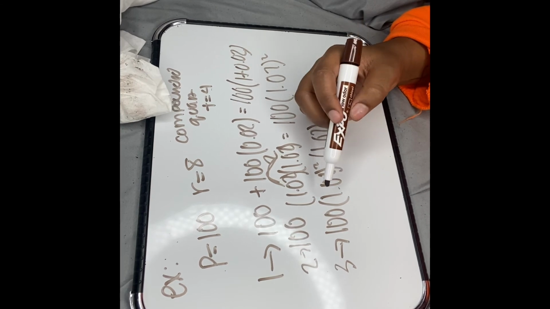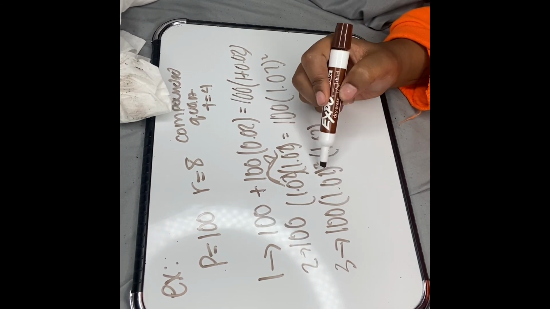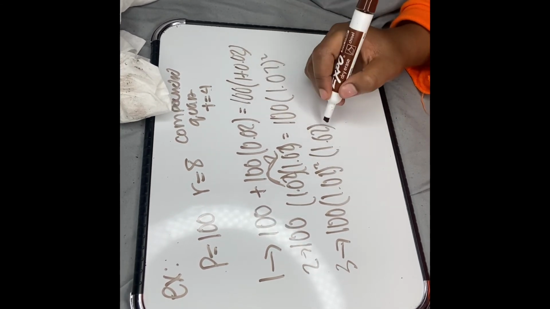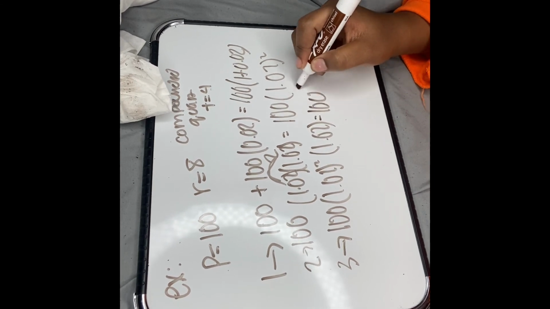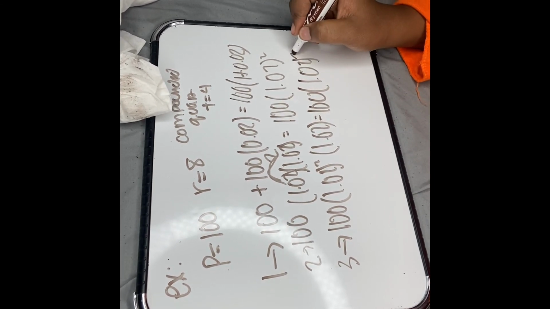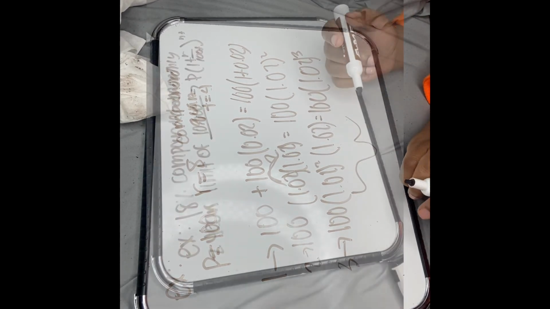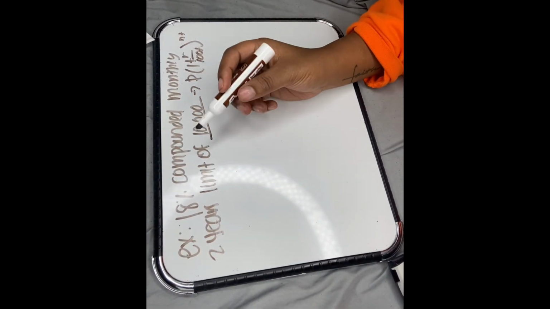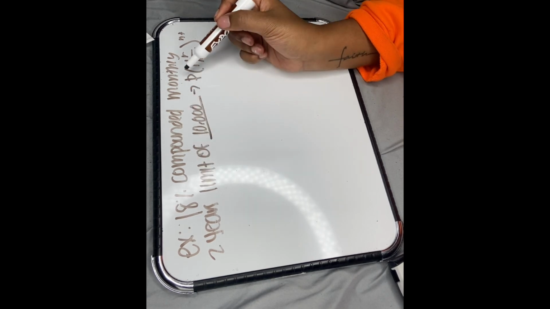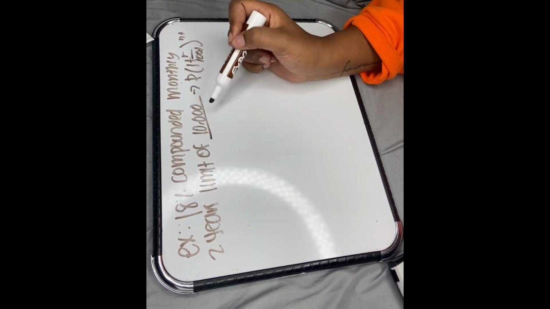Here, we have 100 times 1.02 times 1.02 times 1.02, which will give us 100 times 1.02 cubed, because this makes it cubed.